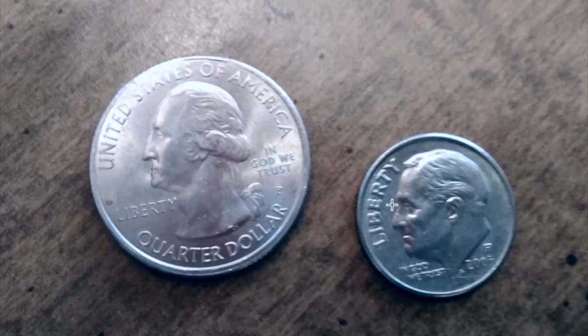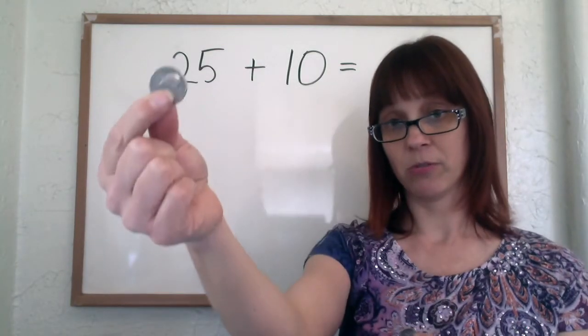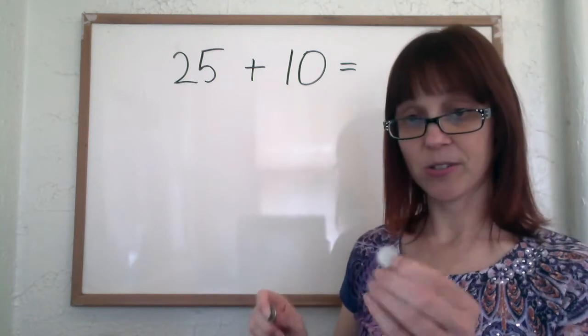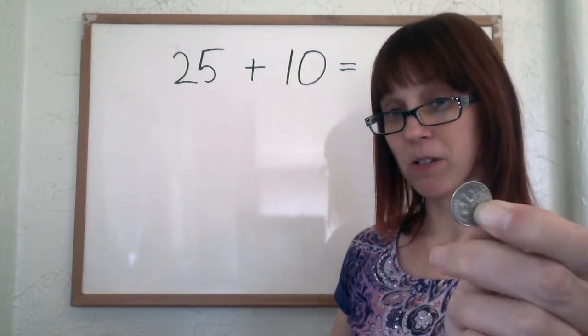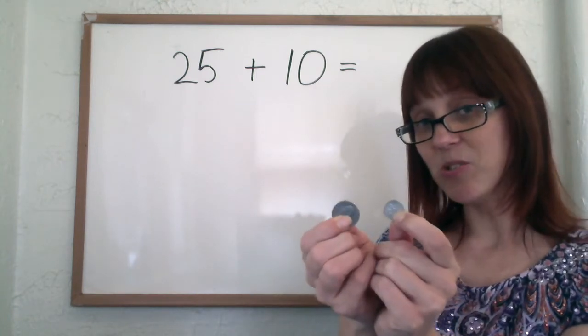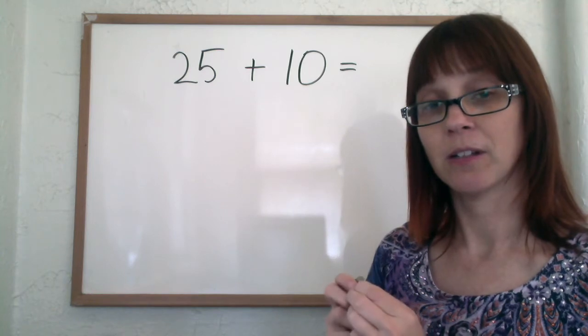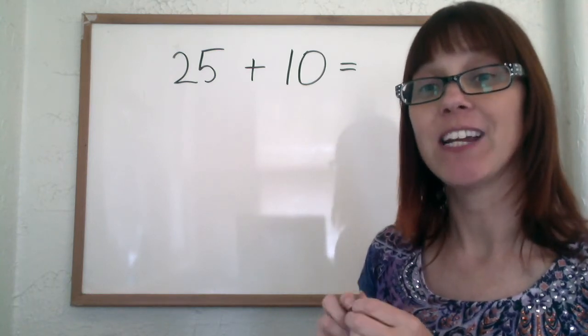It's the little one, 10 cents. 25 plus 10, a quarter, 25, plus a dime, 10, is what? 35.